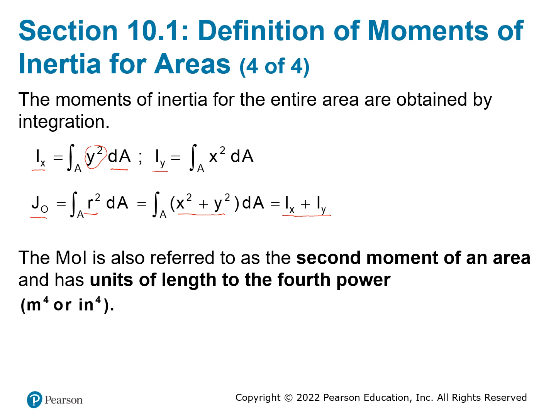So the polar moment of inertia is equal to the sum of these two moments of inertia of the area. The unit is important. If you look at the unit, it's meter to the fourth power, since the area is meter squared. You could use inches as well, but it has to go to the fourth power.